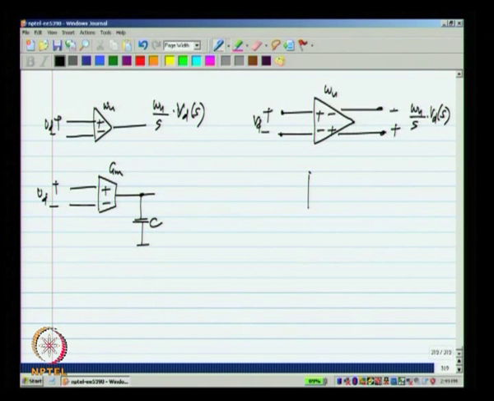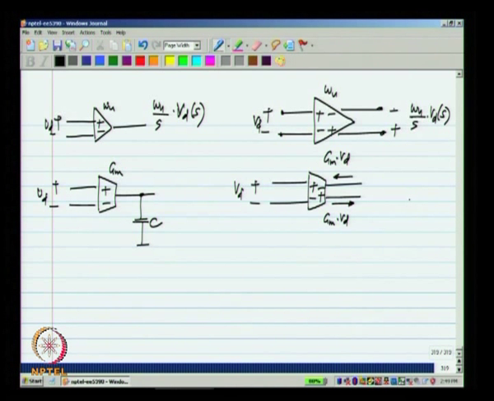What we need in this case is a fully differential transconductor, and what is the meaning of that? If I apply a voltage V d, there is a terminal at which it draws a current G m times V d by 2, and there is a terminal where it pushes out a current G m times V d by 2.